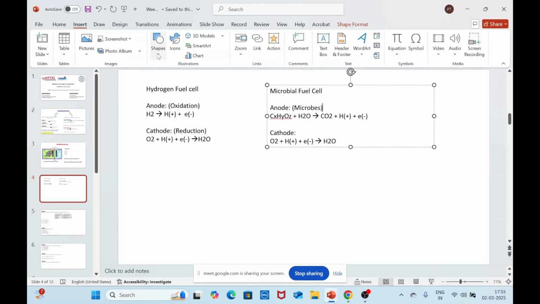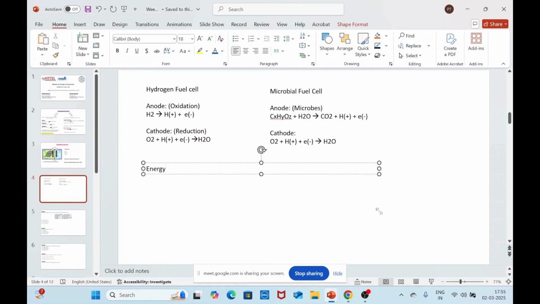One is the energy that comes out from this redox reaction or chemical reaction. Energy will be produced, so that can be harnessed. And the second one is the water molecules, H2O. This water is the purest form of water that you can get from this particular process. So these are the two products of the fuel cell energy generation process.